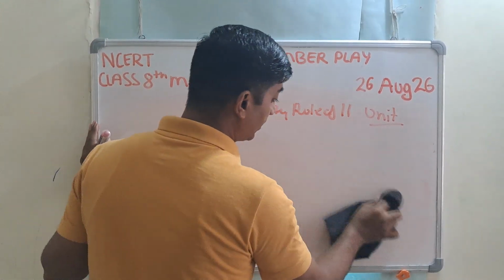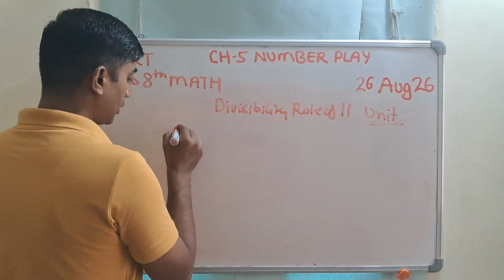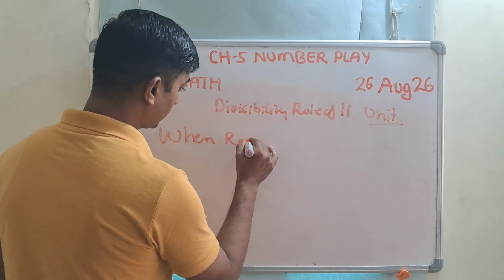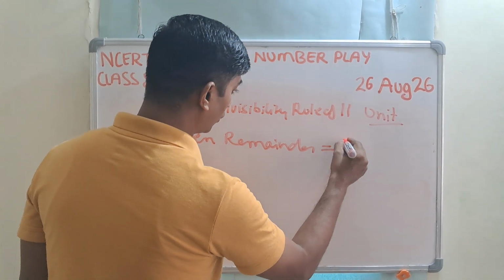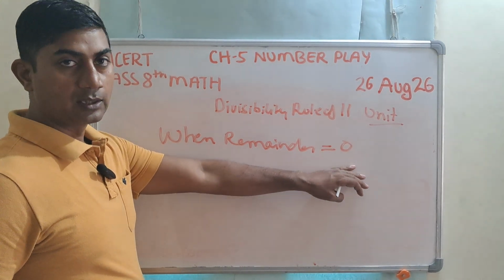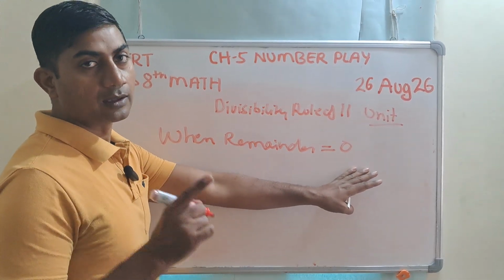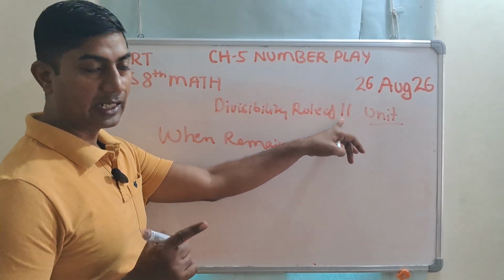Now, when remainder is 0, it means the given dividend is exactly divisible by the given divisor. Understood? Here we have divisor 11.